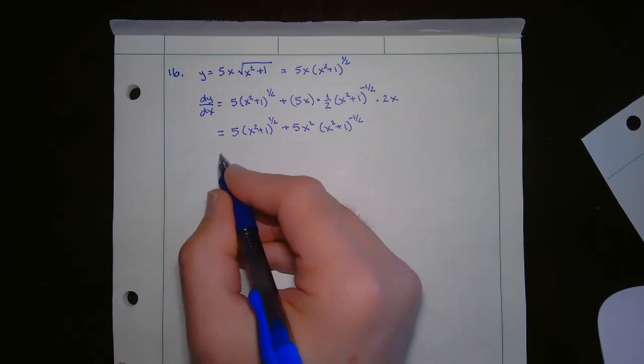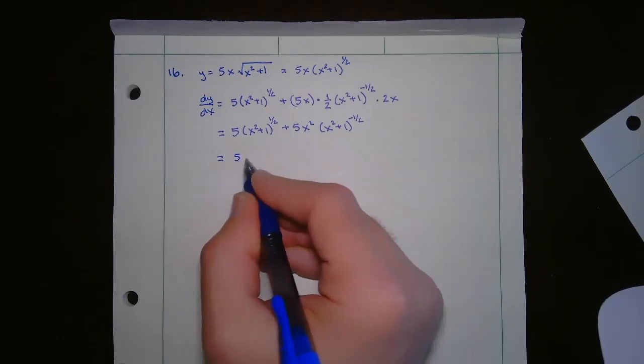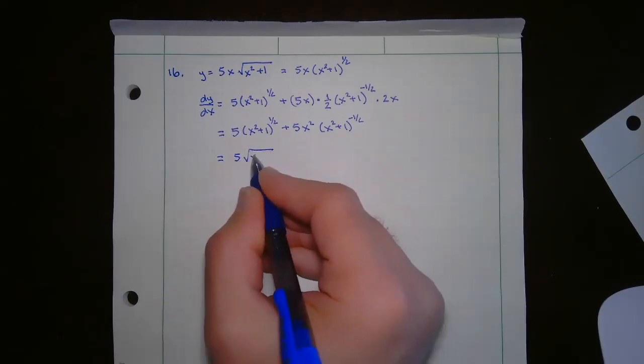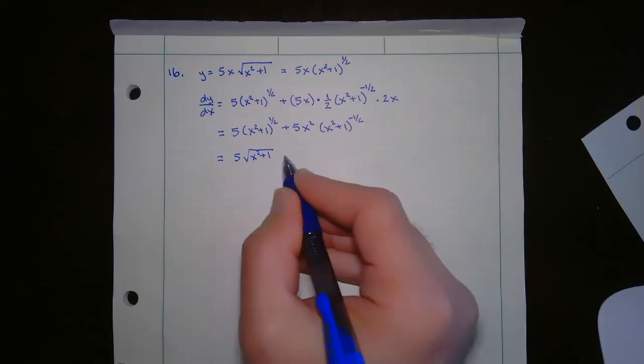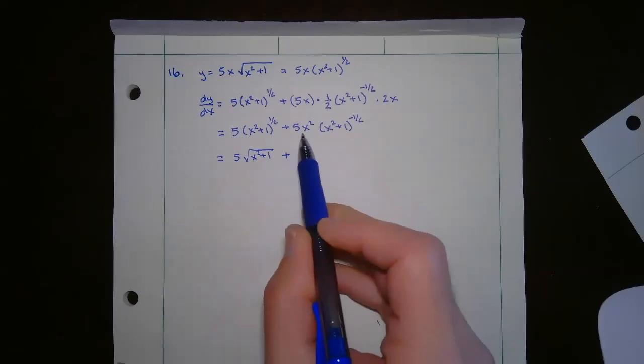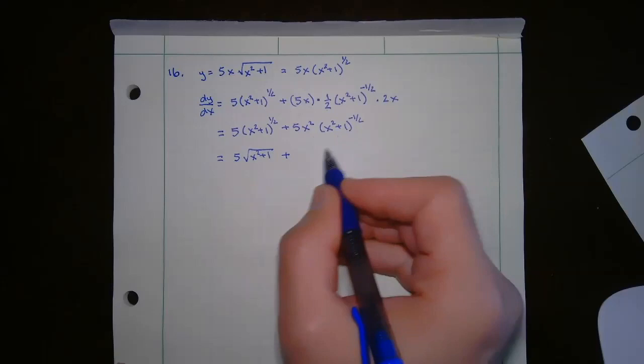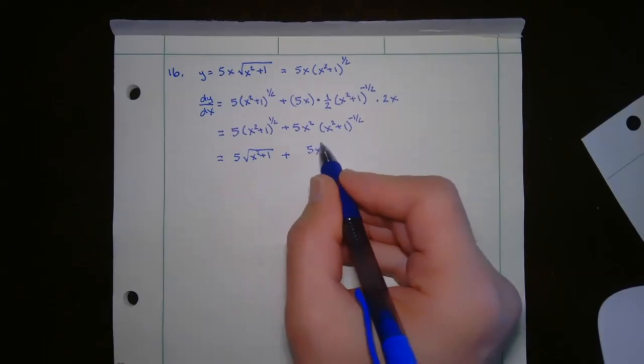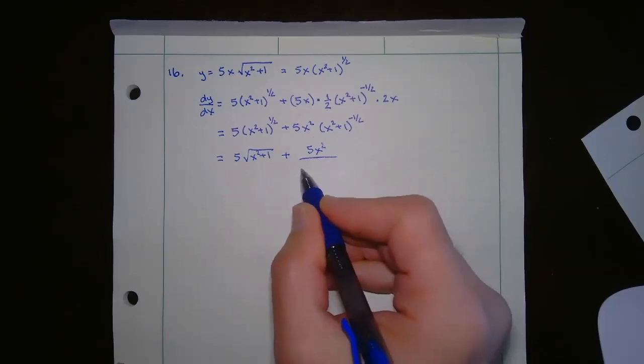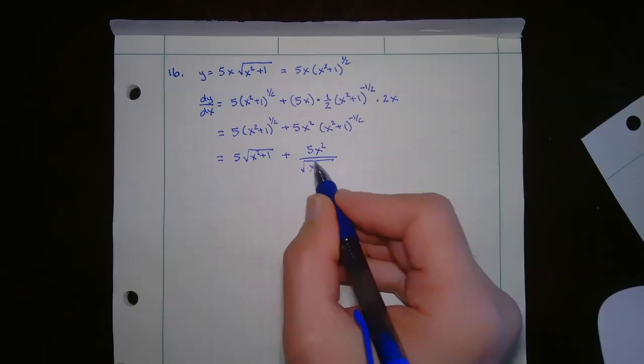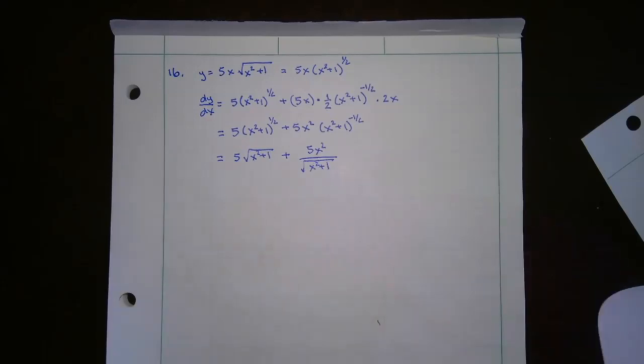So this is equivalent to 5 square roots of x squared plus 1 plus 5x squared over the square root of x squared plus 1. Now they're asking to find this at x equals 3.